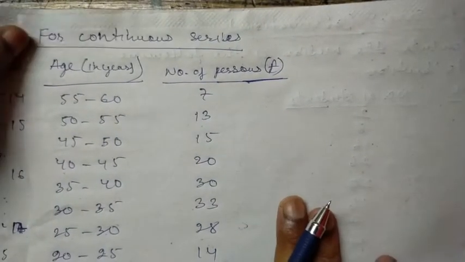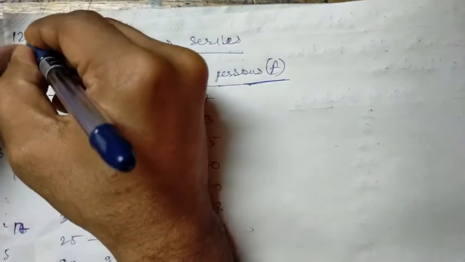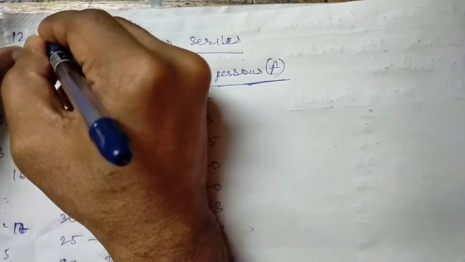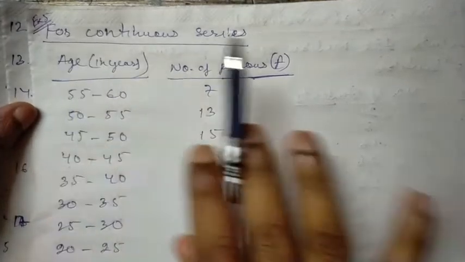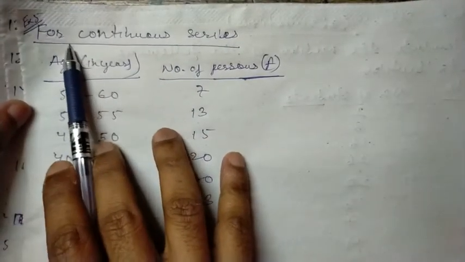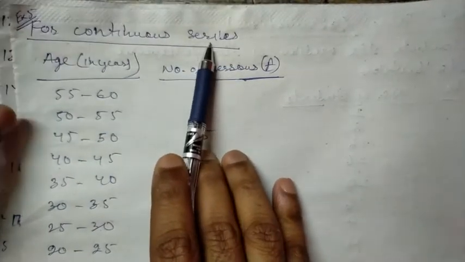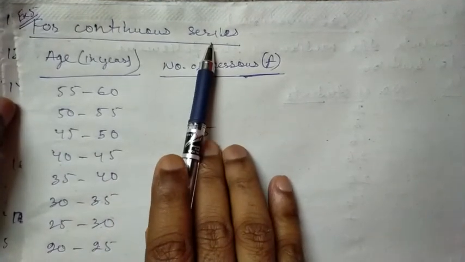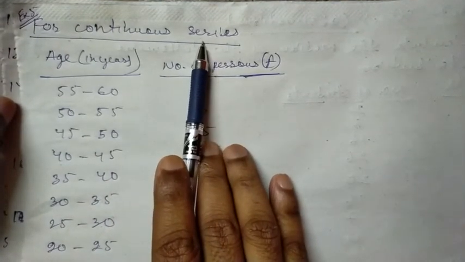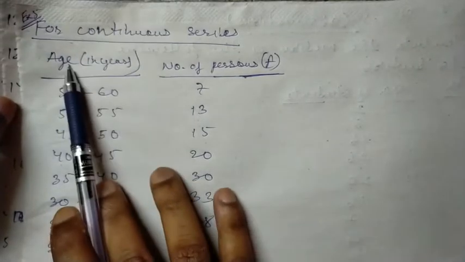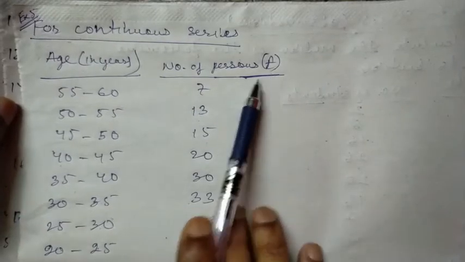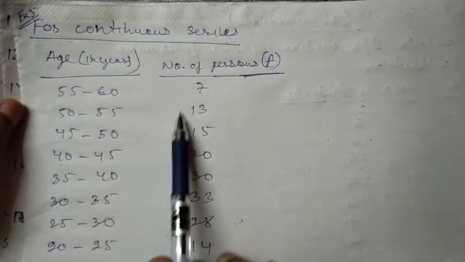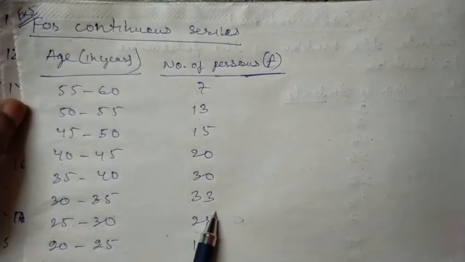This is the next example, example number 5, and we'll do it from the continuous series. For a continuous series, our question is in intervals. Age in years is the class interval, and the number of persons is the frequency.